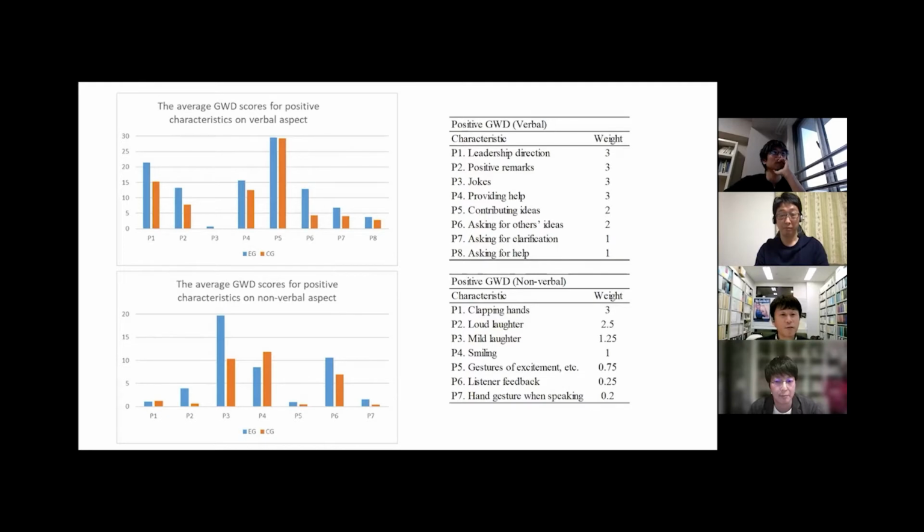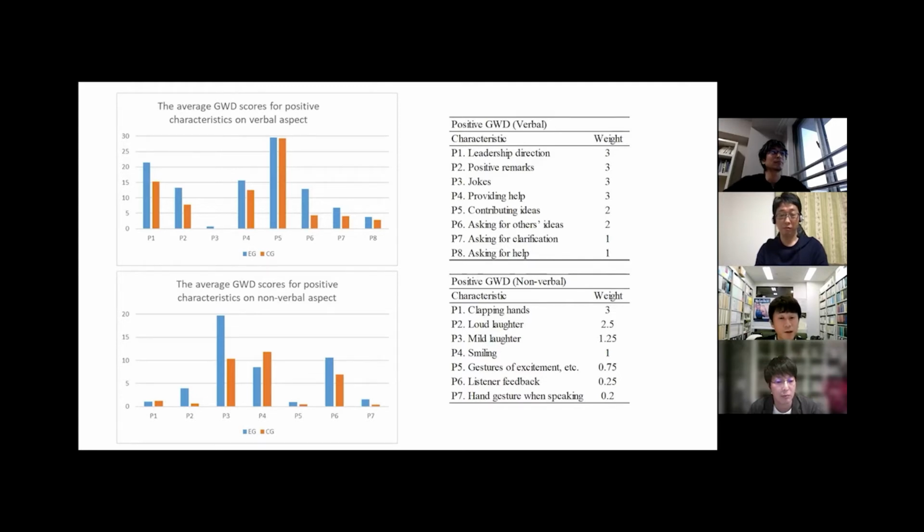Okay, here are the average GWD scores for positive characteristics on both verbal and non-verbal aspects. In both verbal and non-verbal aspects, the GWD scores in EG tended to be higher than those in CG. This may indicate that the group work was more active by appointing a student as the leader in each group.